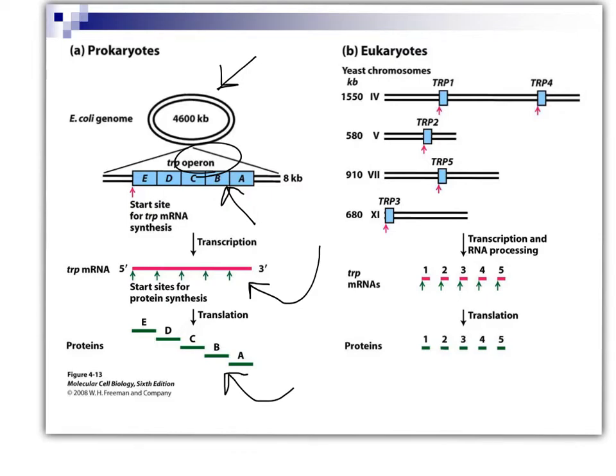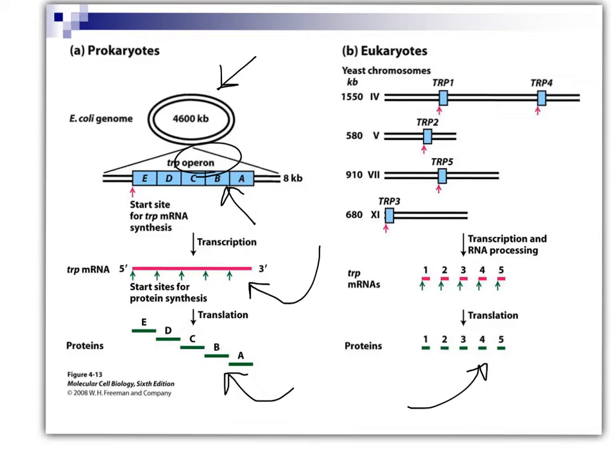You would have, in this case, 5 different transcription events. One event creating a messenger RNA for number 1, a separate event creating the messenger RNA for number 2, and so forth. Then you would translate each of those separately, and you would still get the 5 different proteins. But in order to do that, you had to create 5 different transcriptional events.